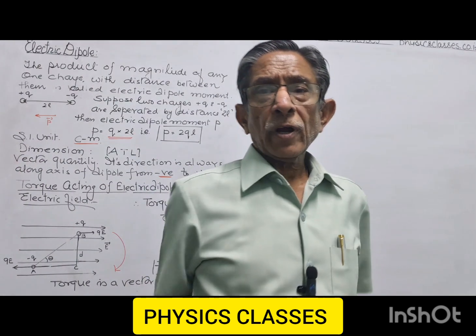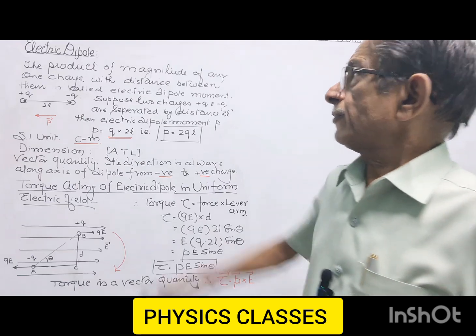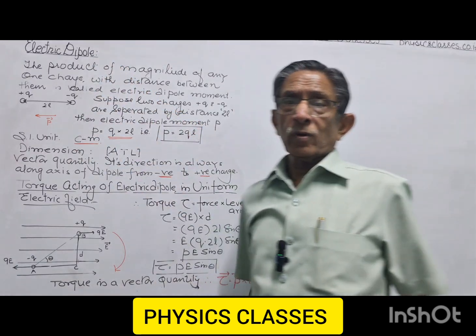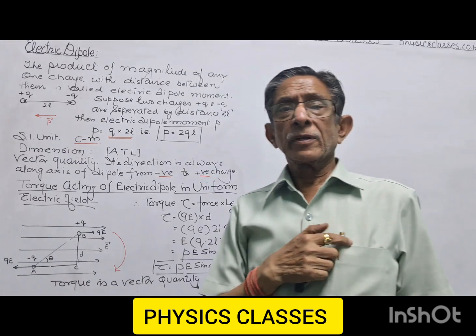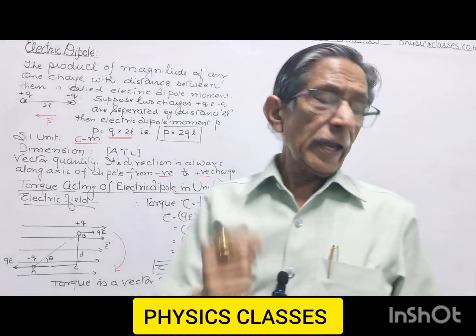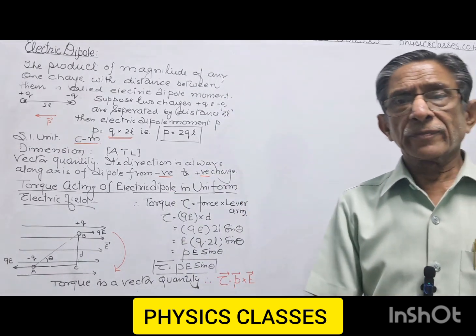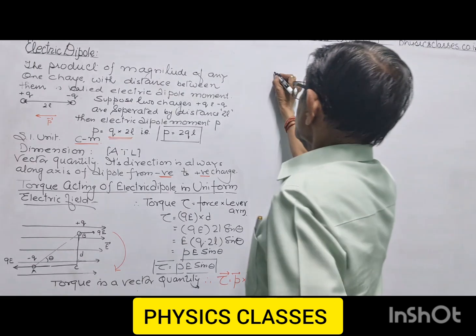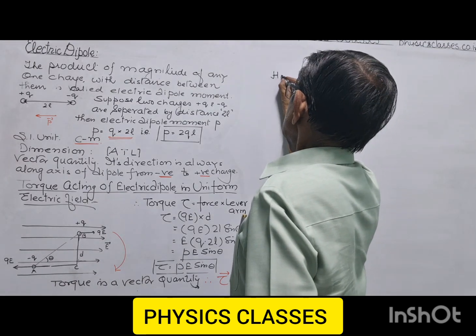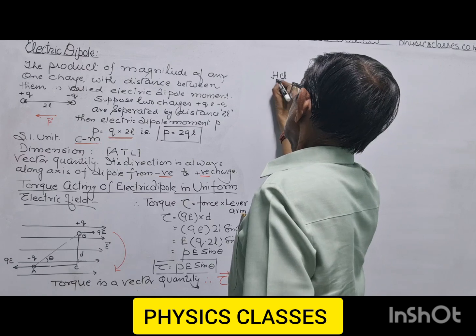Today we are going to start the topic that is electric dipole. First of all, let us know what is an electric dipole. You have studied the molecule of what? HCl.